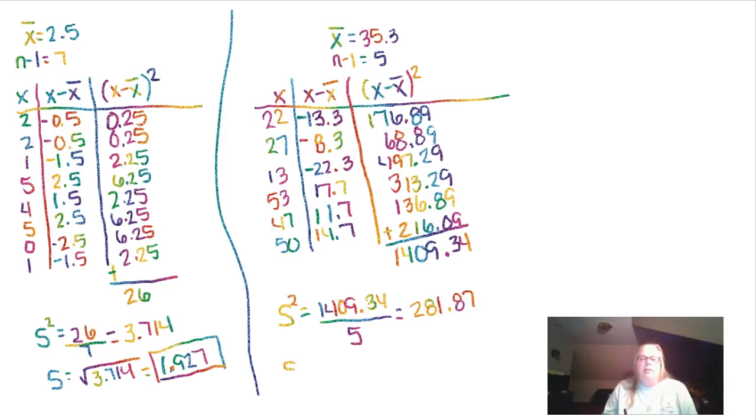And then to find the standard deviation for our data set, we are going to square root that number, 281.87. And that is going to give us 16.79. And there's the standard deviation for our data set in part B. And there is our variance.